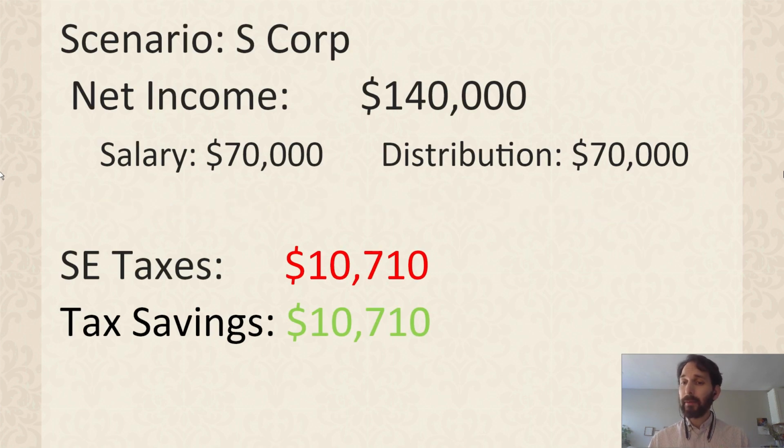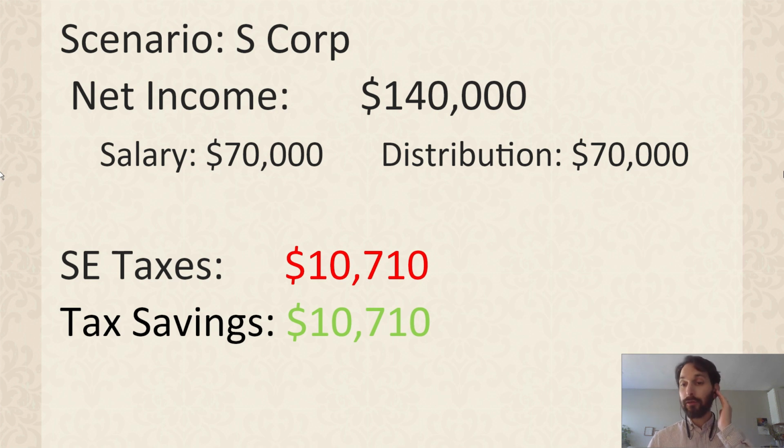Now let's switch it up and have the scenario of an S corporation. Let's say that you have the same amount of income, $140,000. Let's say that you were able to take a salary of $70,000, and then the other part, you have it as a distribution of the same amount, $70,000.